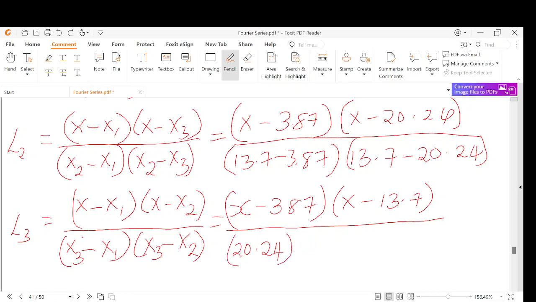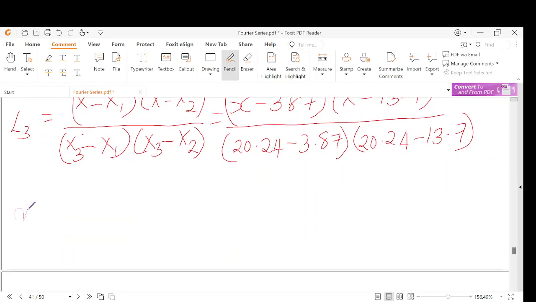Sorry, we have 3.87 multiplying 20.24 minus 13.7.